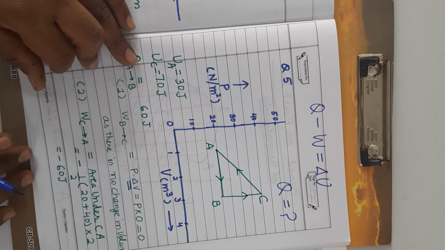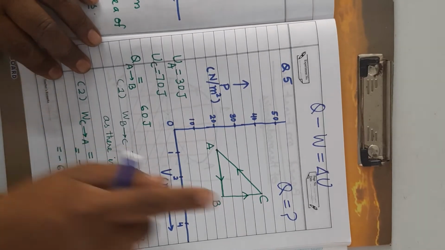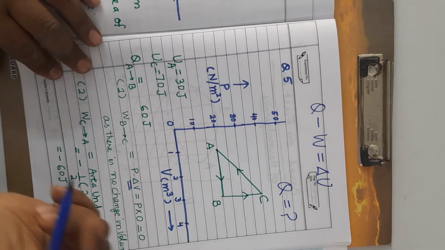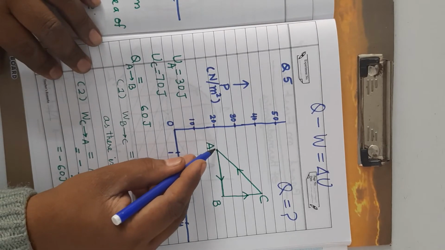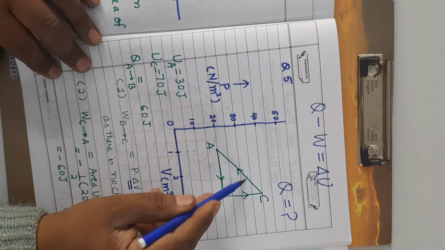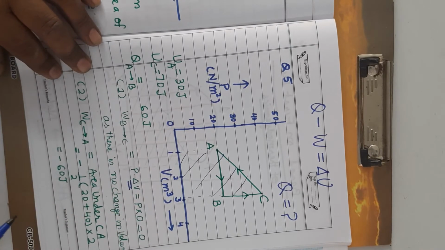So first you find out W in going from C to A. It will be equal to the area which falls below CA. This area is in what shape? A trapezium.